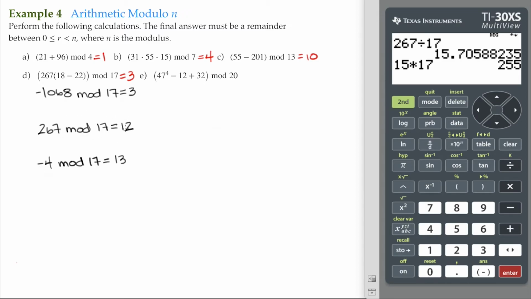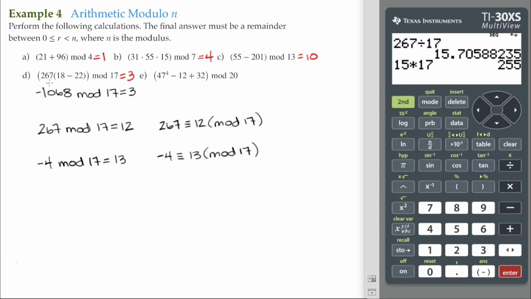As a congruence, this can be written as 267 is congruent to 12 mod 17, and negative 4 is congruent to 13 mod 17.